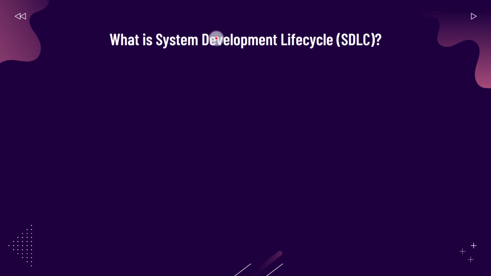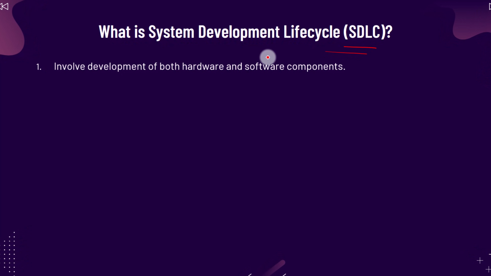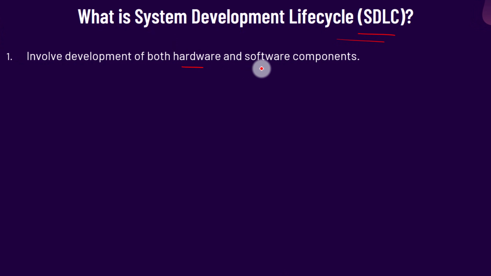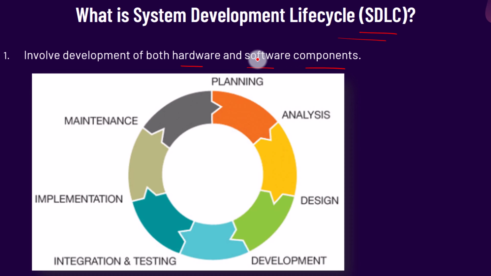First of all, let's look at the system development lifecycle, commonly known as SDLC. The system development lifecycle involves the development of both hardware and software components. It is a structured approach used to plan, create, test, and deploy an information system.